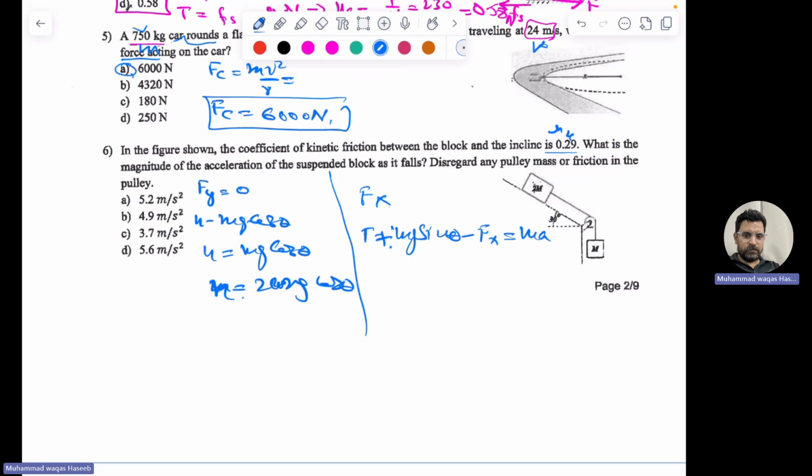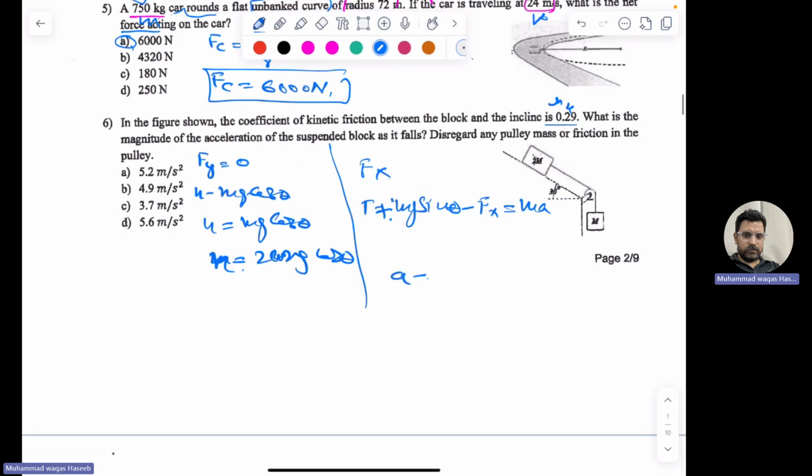When you substitute the values over here, you will get the acceleration g plus 2g sine theta minus 2g cosine theta. When you substitute the values, you will get 4.9 meters per second squared. So this is the question.